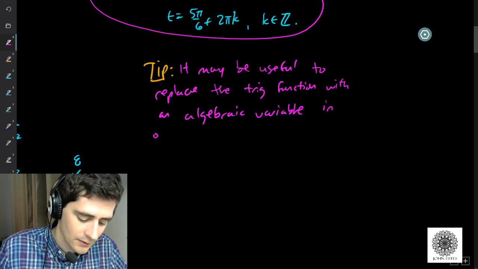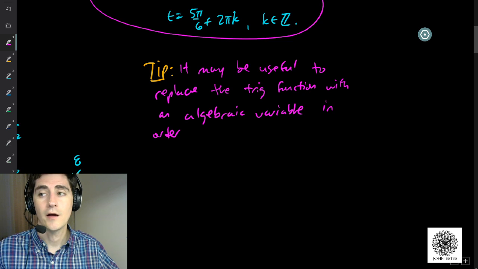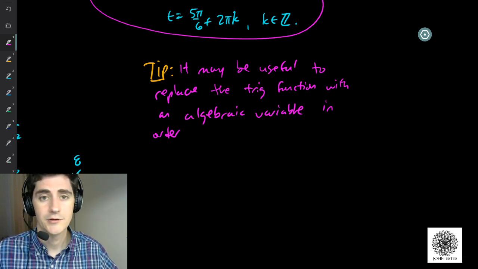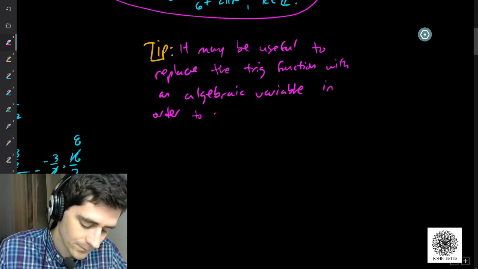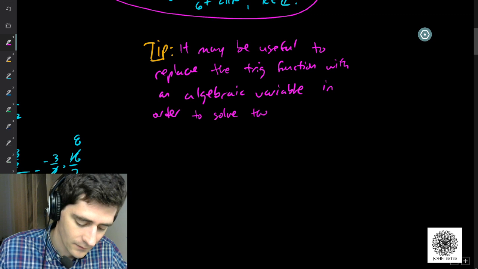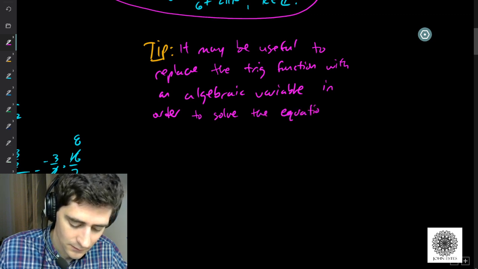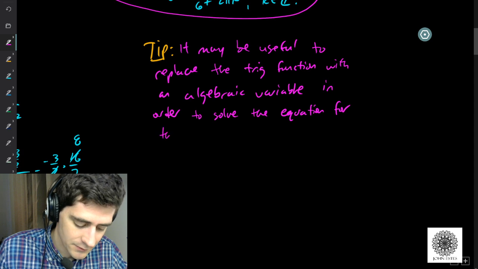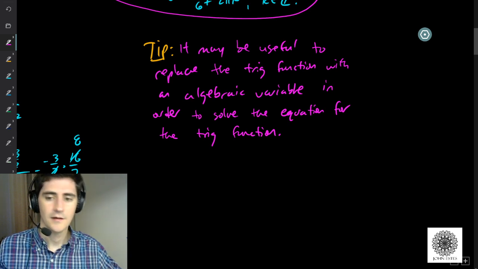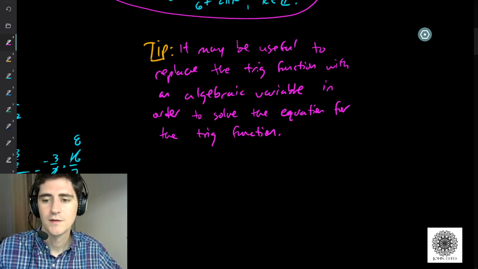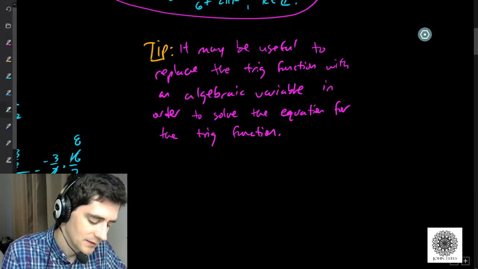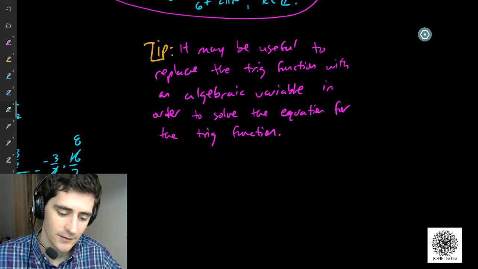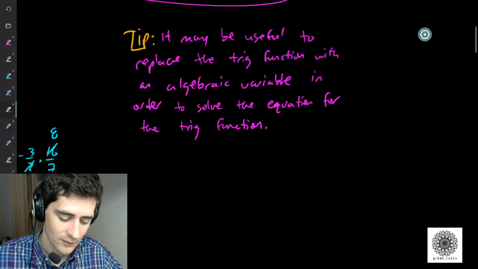In order to use algebra to solve for that trig function before we actually solve for the angle. Okay, and we'll do some examples where, if we do it this way, it'll make things easier on us. All right, now let me show you some more examples and we'll see if this tip comes up.